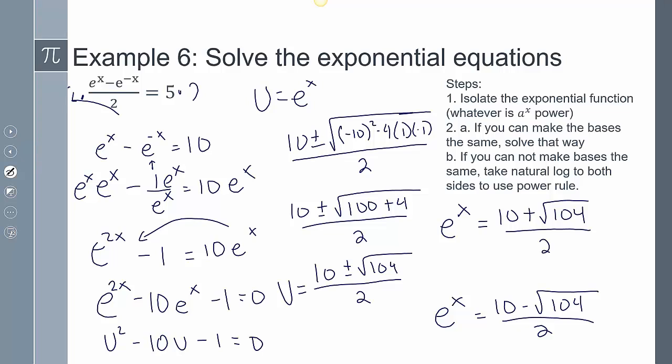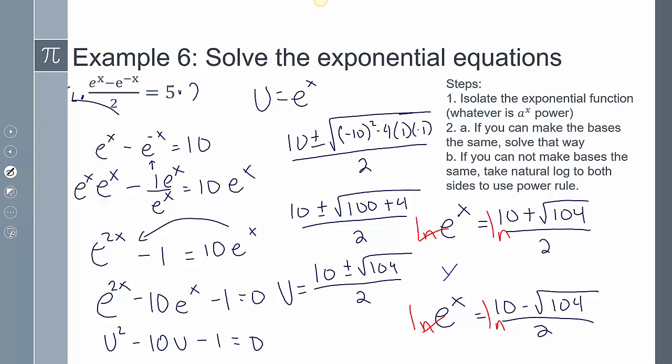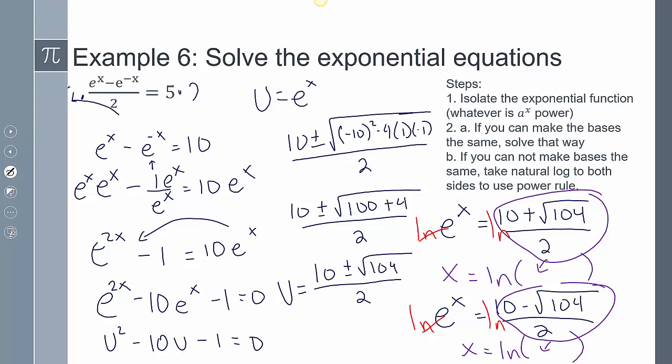So to get x by itself on both of these, I'm going to take ln to both sides. And so I get x equals ln of all of this. And then x equals ln of all of this.